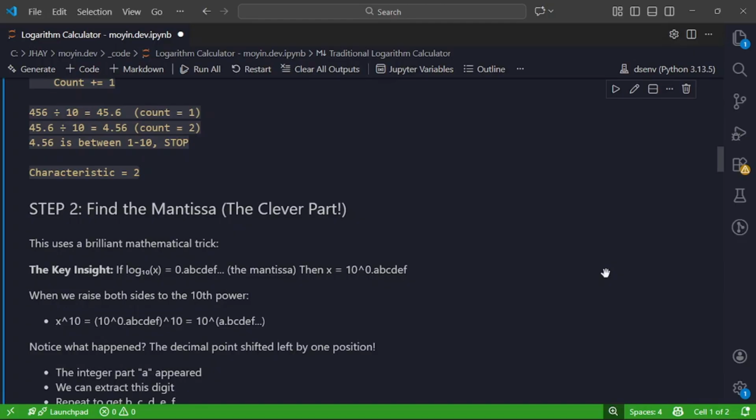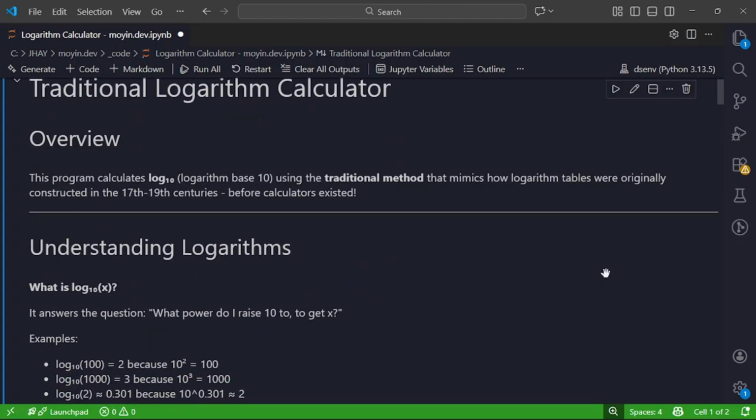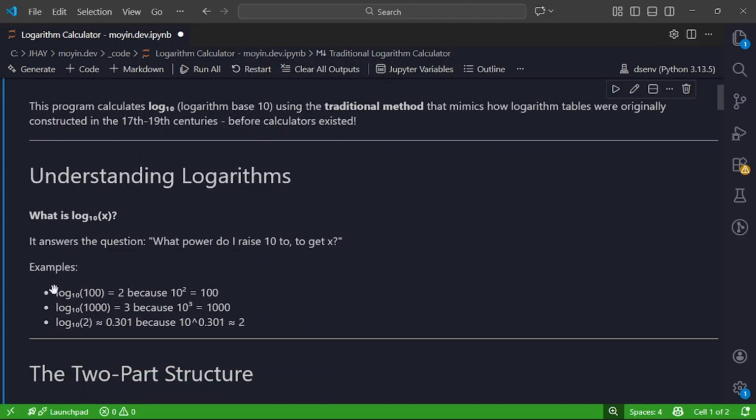Let me go up so I can show you again from our definition of log. Log10 of x, where x is 100, is equal to 2. That is because 10 raised to the power of 2 is 100, which means the mantissa here is 0.0000.